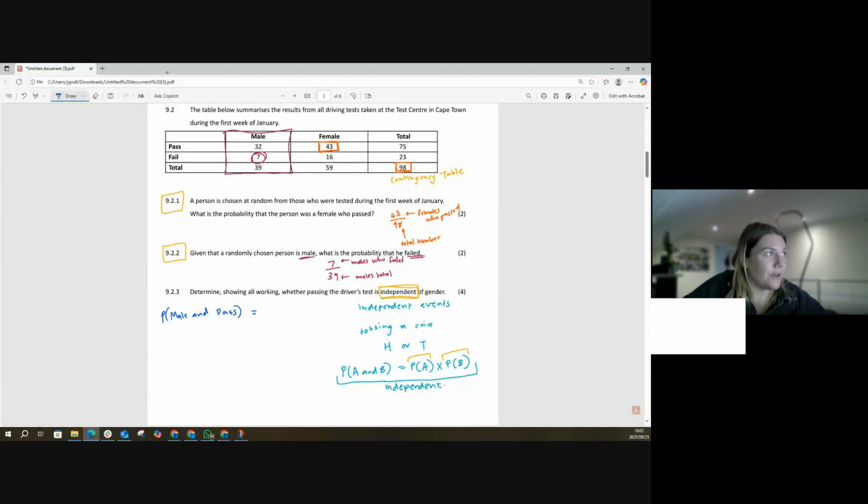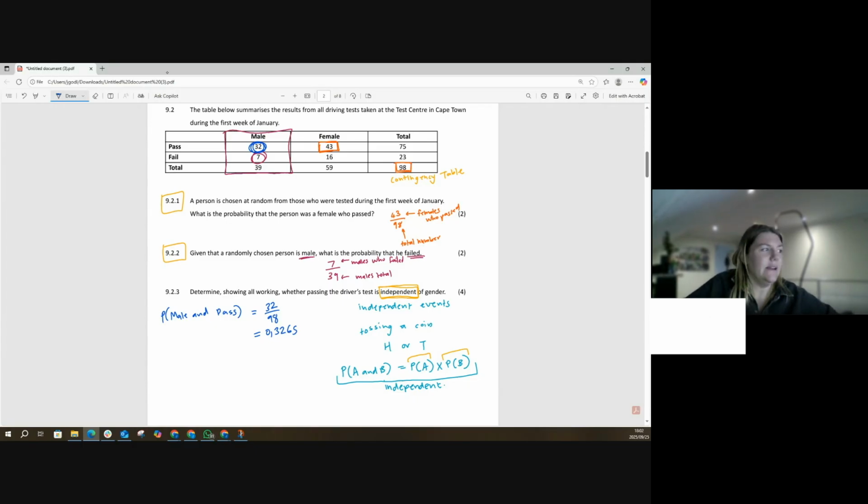Yeah, good. So being a male and passing will be 32 out of 98. And you can work it out as a percentage or a fraction, whatever is easier for you to work with. It should come through to about 0.3265.